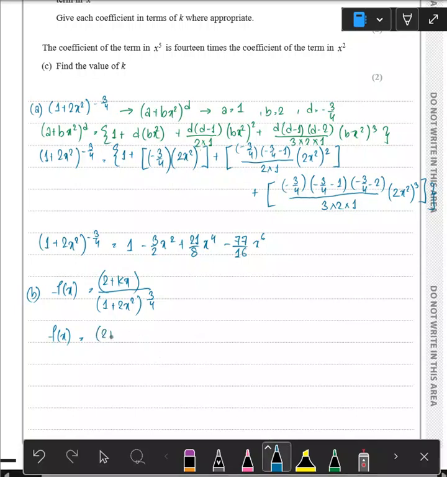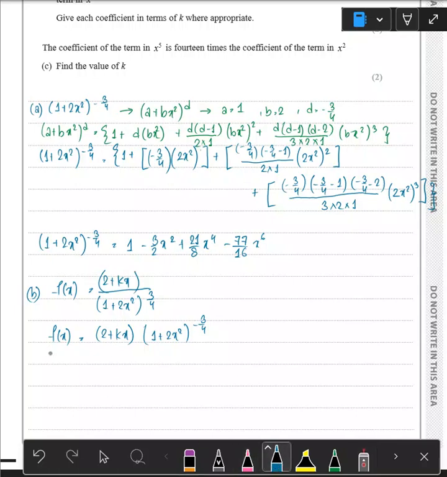So when I multiply the denominator with the numerator here, so this is 1 plus 2x squared, and the polarity of the power will change, so it is positive 3 by 2, 4 will become negative 3 by 4. And we have already expanded this part in the first part of the question. So the expansion of this is this. So we can just substitute it here.